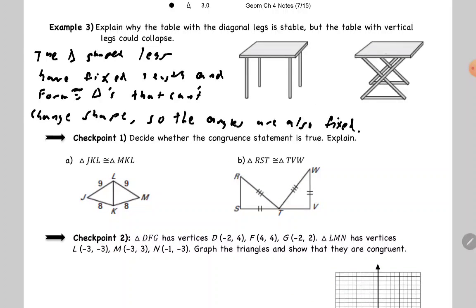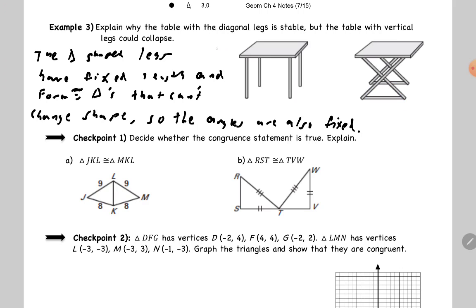But basically, if you push the triangle table, it's not going to change shape. These triangles are kind of locked in place. You might be able to squish the table, but the table itself is being supported by the bottom.